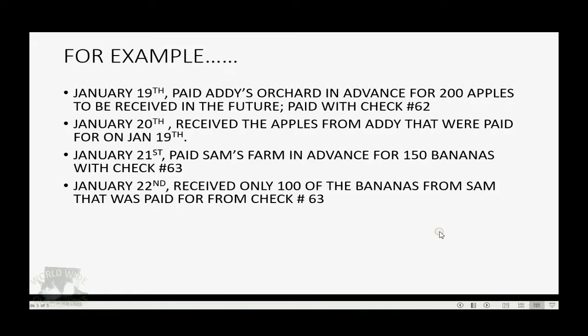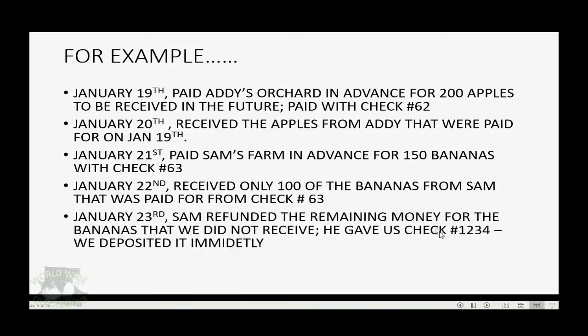And lastly, let's consider the January 23rd refund from Sam for the remaining items that we did not yet receive. Let's imagine on January 23rd, Sam gave us check number 1234 for the other 50 bananas that we paid for that we did not yet receive.